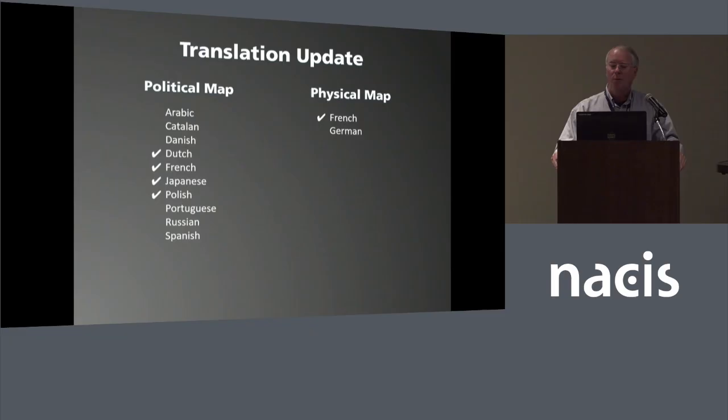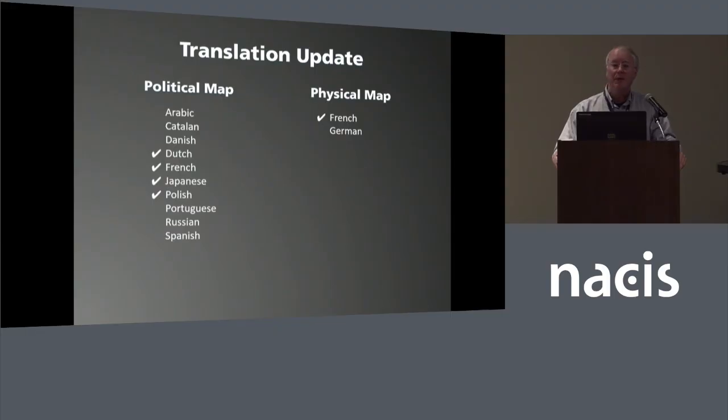And I'm just going to finish up very quickly here. You'll recall when I introduced the political map, I called for translators, and I'm happy to say that hopefully by early 2020 there will be 11 more languages available, not including English. The ones with the check marks have already been translated. They're available on the website for download.